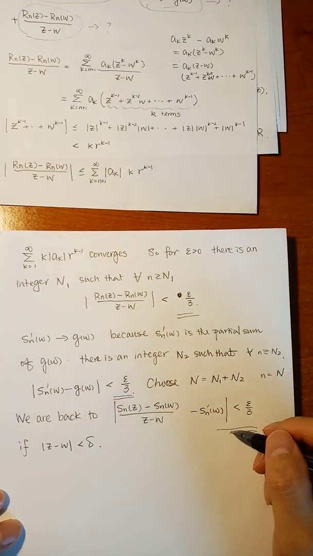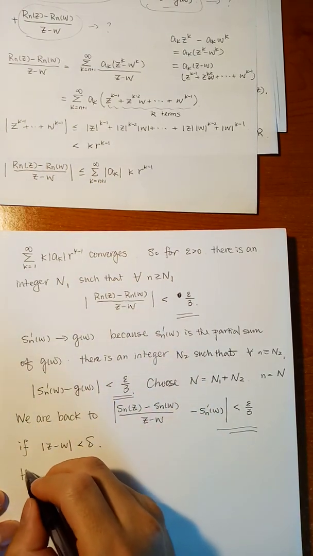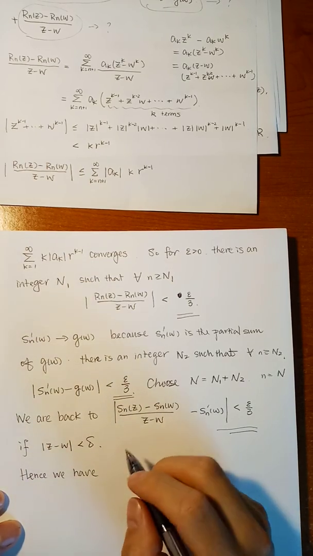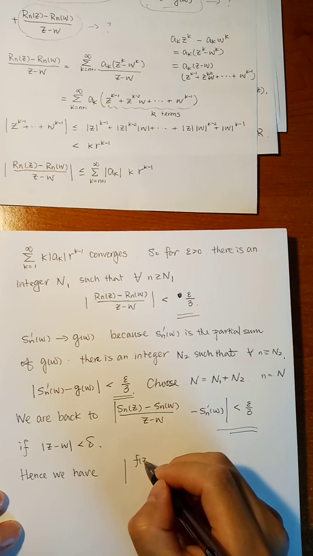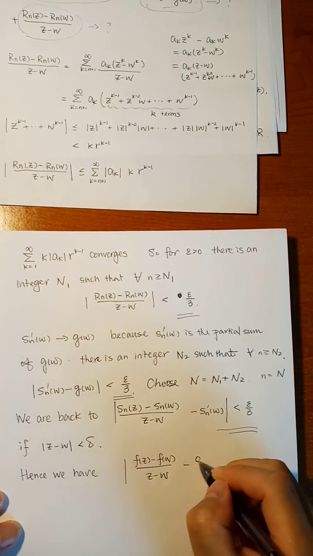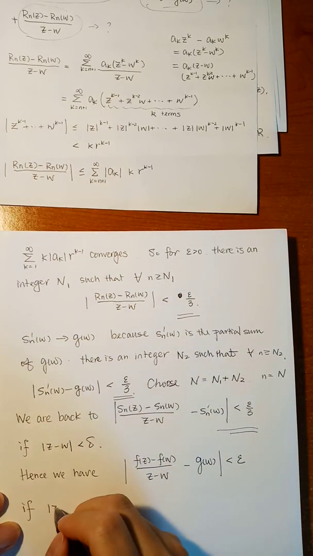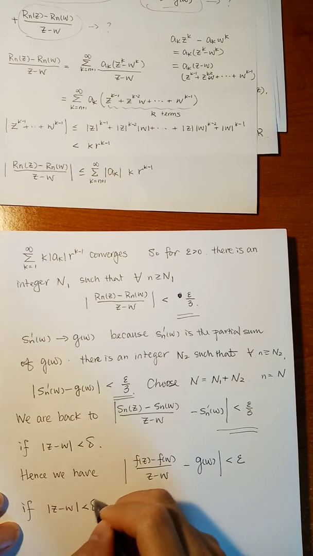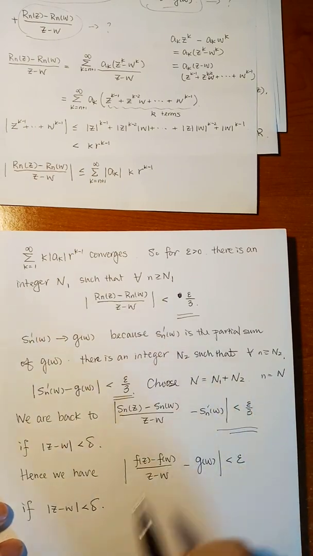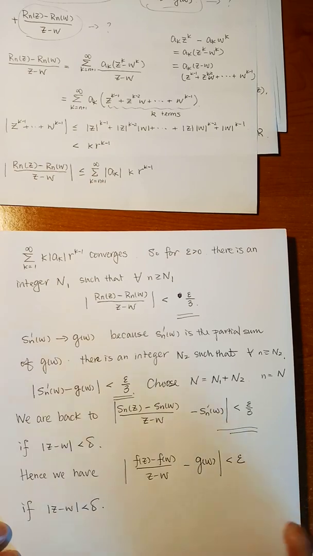Combine those 3 inequalities, we have that the absolute value of f of z minus f of w over z minus w minus g of w is less than epsilon if the absolute value of z minus w is less than delta. In this part, you do not see capital N, but in order to find the delta, you need first to get the capital N, and then you go back to the delta.